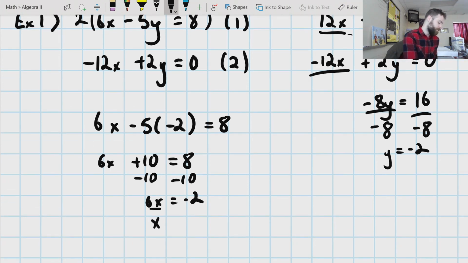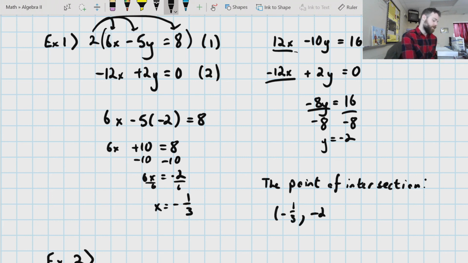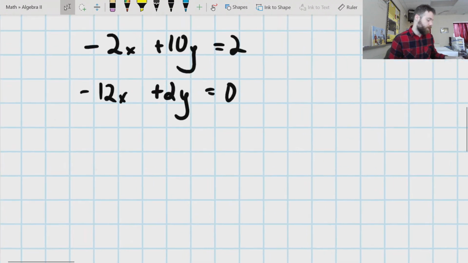And so if I divide both sides by 6, I get x equals negative 2 over 6, which reduces to negative 1/3. Okay? So the point of intersection is negative 1/3, negative 2. And that's all we have to do for that equation. So I'm going to go on to the next one.